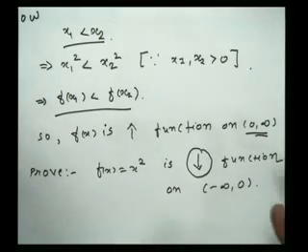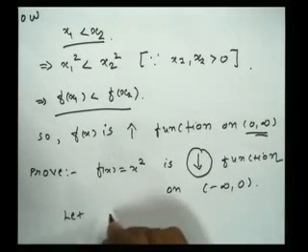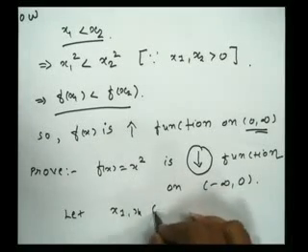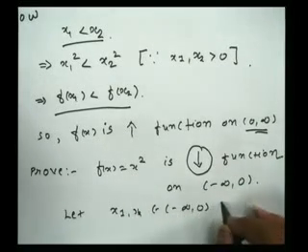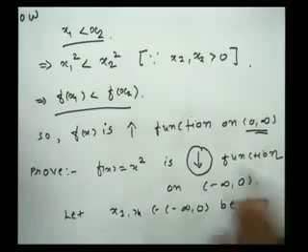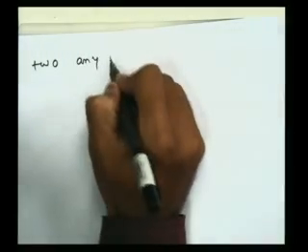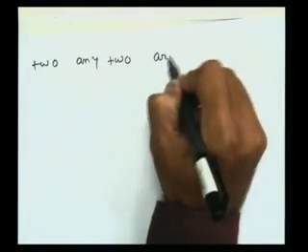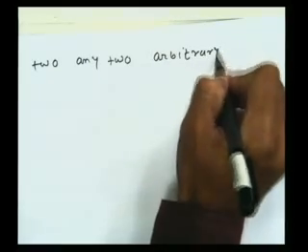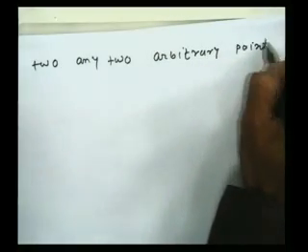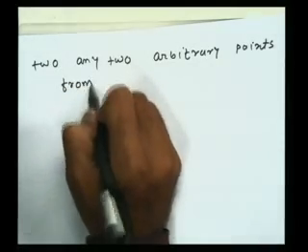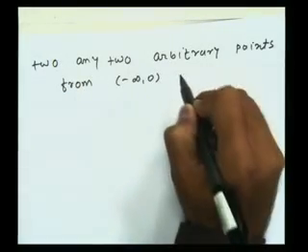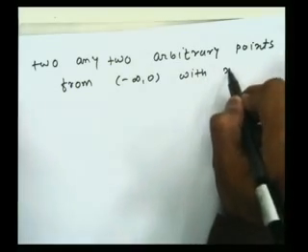By the same process we can prove that let x1, x2 belongs to minus infinite to 0 be any two arbitrary points from this interval minus infinite to 0 with x1 is less than x2.